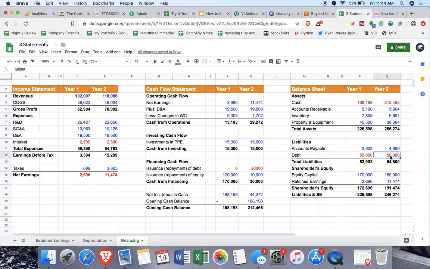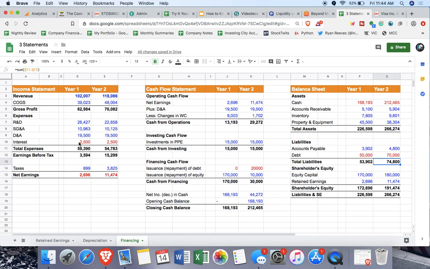So what happens here is that we have this debt, and we go year 1 plus the amount of debt we took on in year 2. So now we have this 70,000. And as we see here, now the liabilities and shareholders' equity balances with the assets. But we also have one more thing because it affects the income statement as well.